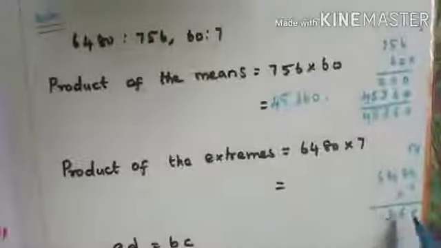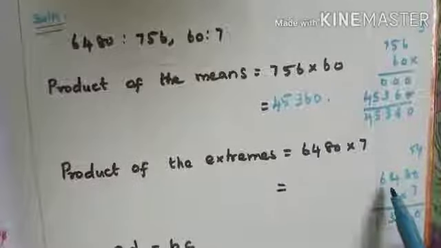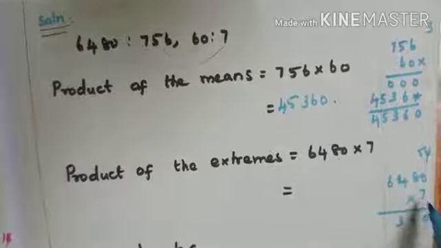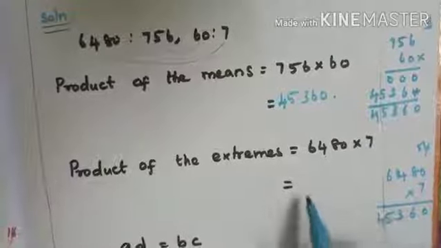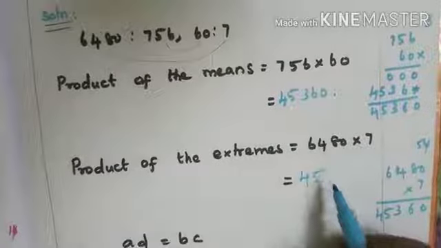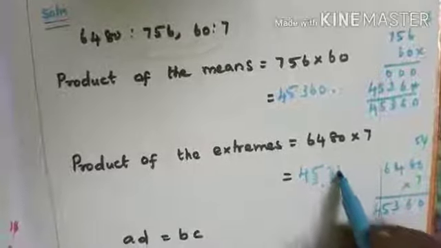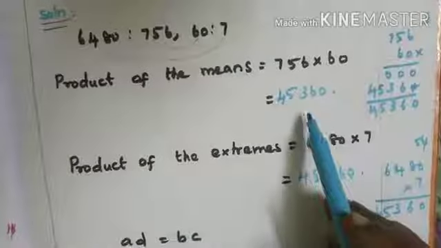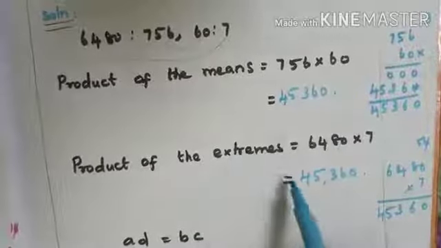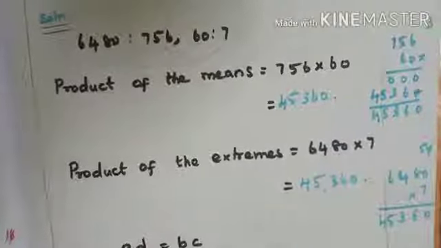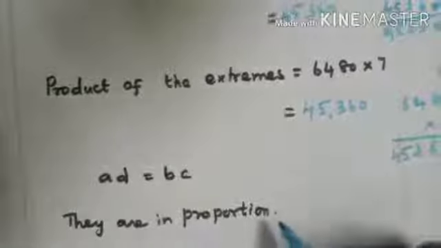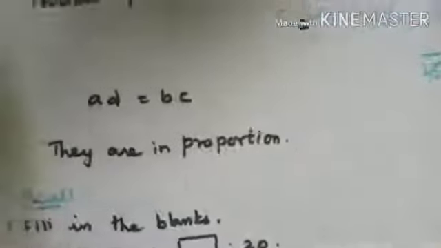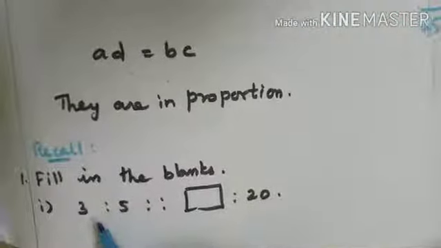So we can put 3 and 3 we can keep. Next 6 sevens are 42 plus 3 is 45. Therefore the answer is 45,360. So both the product of means and product of extremes are equal. Therefore AD equal to BC. They are in proportion.